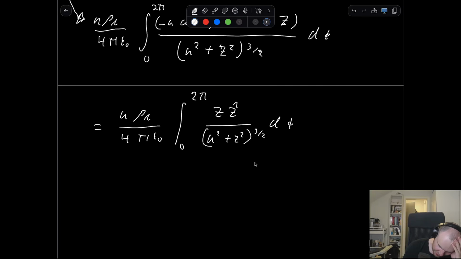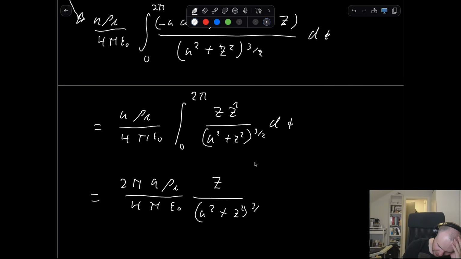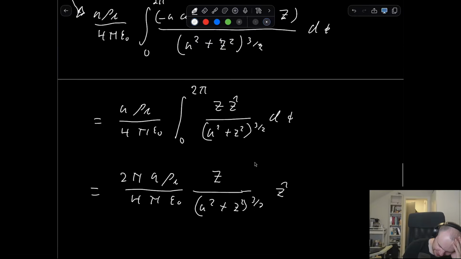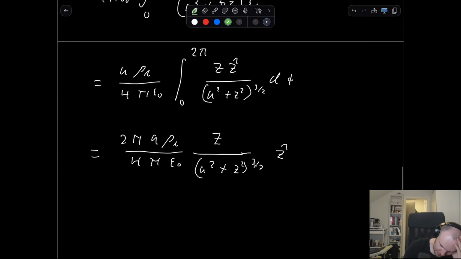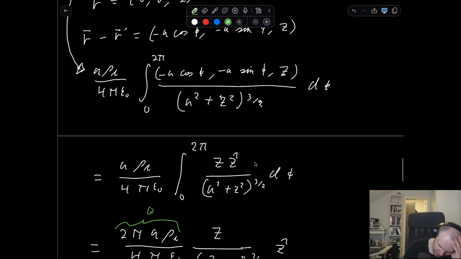Then we just get 2 pi, so the whole of this is just 2 pi a rho L over 4 pi epsilon 0, times z divided by a squared plus z squared to the 3 over 2, and of course this should go in the z hat direction. My handwriting just gets worse and worse. Remember that all of this is just Q, right? I think that should be correct, shouldn't it?